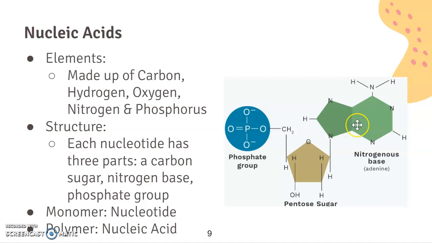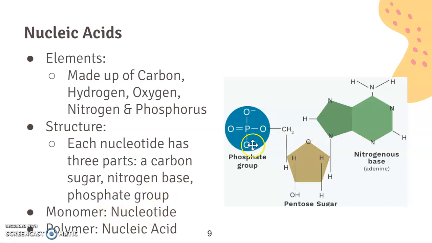It gives us this little code that determines what our DNA does, or maybe some traits that we may possess and so forth. But we'll talk about that whenever we get into genetics. I did want y'all to know that nucleic acid is closely related to DNA. If you hear nucleic acid, I want you to think DNA. And the monomer of that again is the nucleotide.